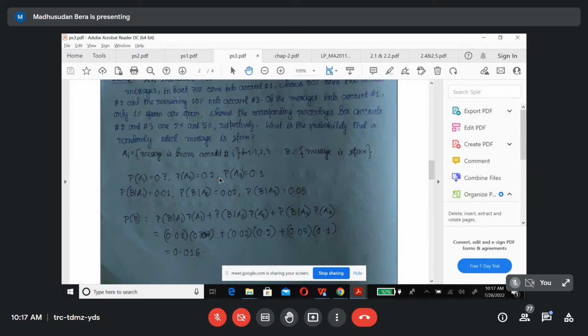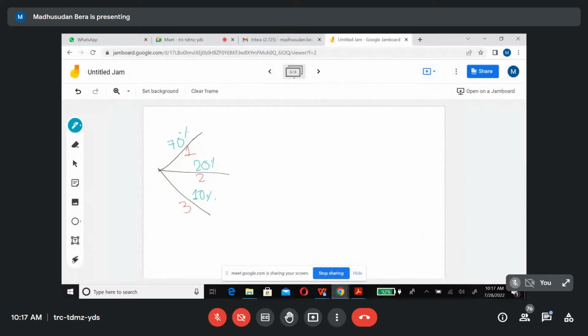Now sometimes it asks about Bayes theorem. If we know P of B given Ai and P of Ai, then what will be P of Ai given B? That type of thing. So it may be asked: if a message is spam, what is the probability that it comes from account 1?